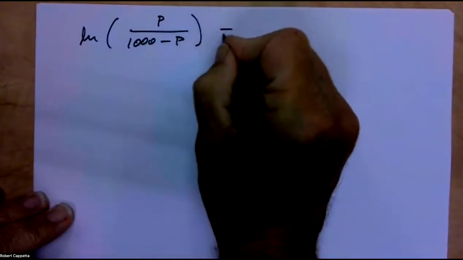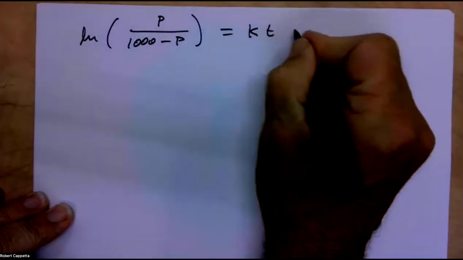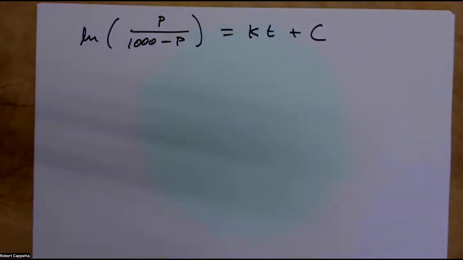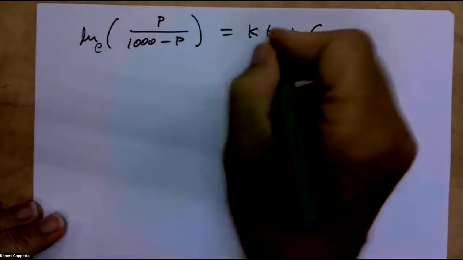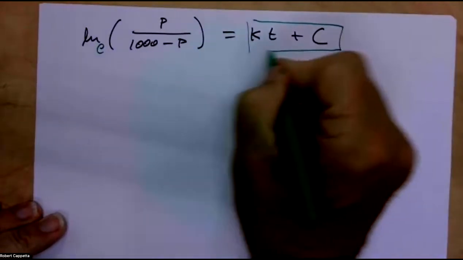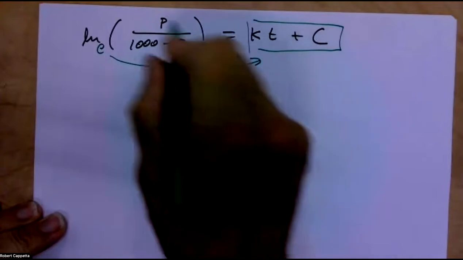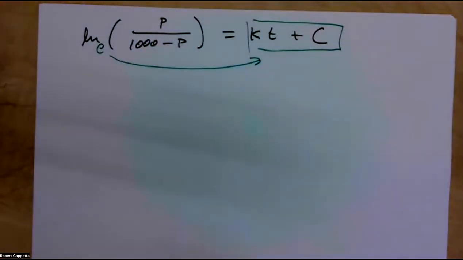What do we have? Our most recent line, natural log of p over 1,000 minus p is kt plus c. The base of the natural log is e. E to this exponent, e to the kt plus c will be that argument.